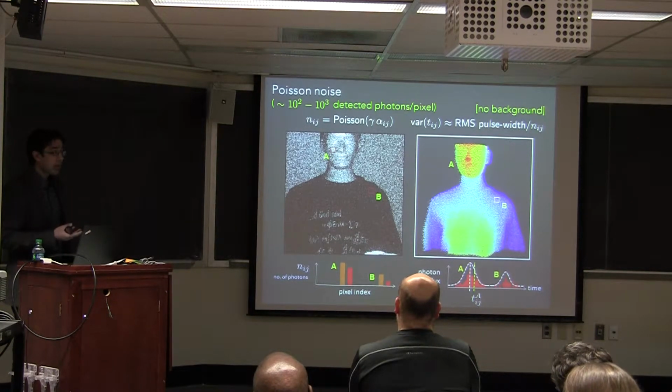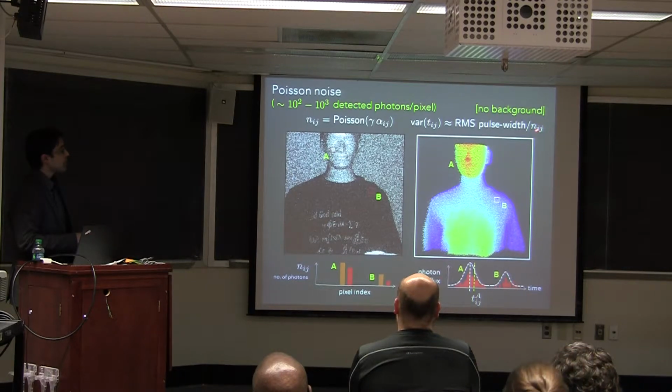And you get significant improvements by using the model that the number of counts is a Poisson distributed random variable with a parameter that depends on the reflectivity. Also, the variance of a time delay estimate becomes inversely proportional to the number of detected photons.